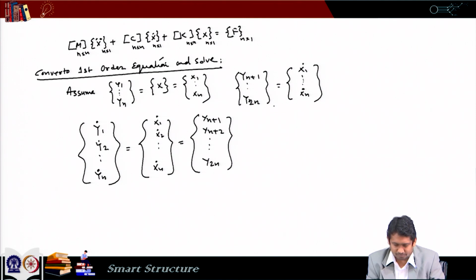So, this is one set of equations that we get.